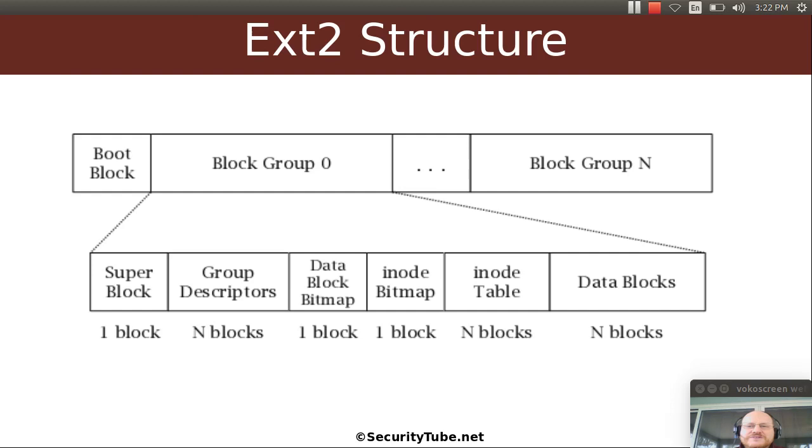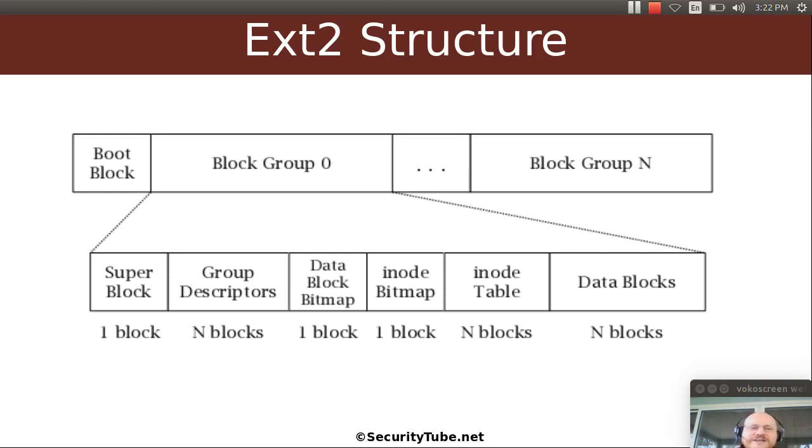So what does it look like? If you look at the structure of an ext2 file system, you will see that the file system is arranged in groups of blocks. So what is a block? A block is just what it sounds like, a block of data. Now, typically a block will either be 1K, 2K, or 4K.